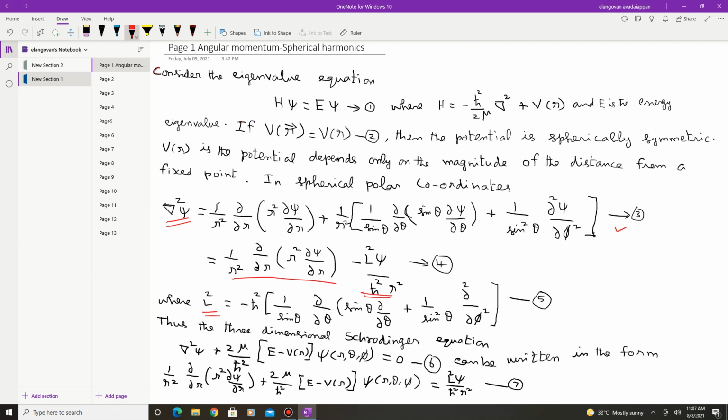So this del square, the Laplacian, can be split into two parts. One is a function of the radial coordinate, and the remaining part is a function of theta and phi.